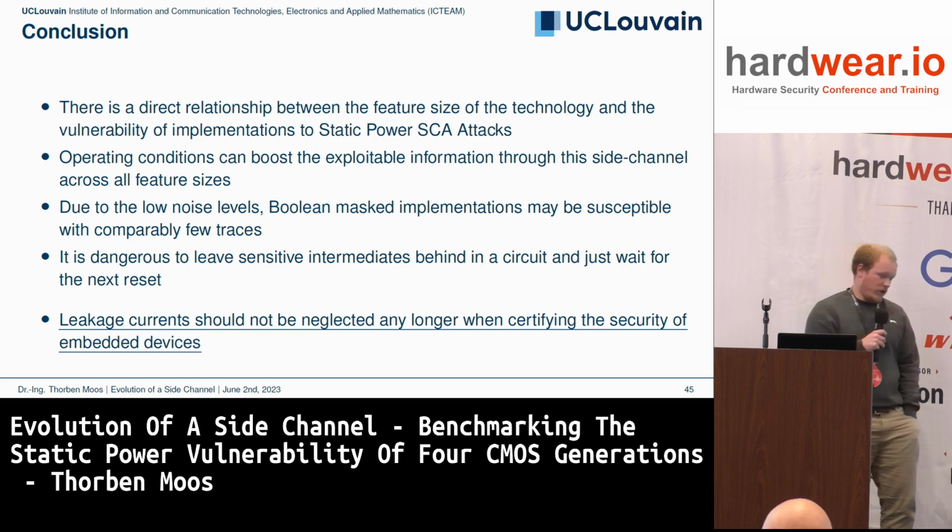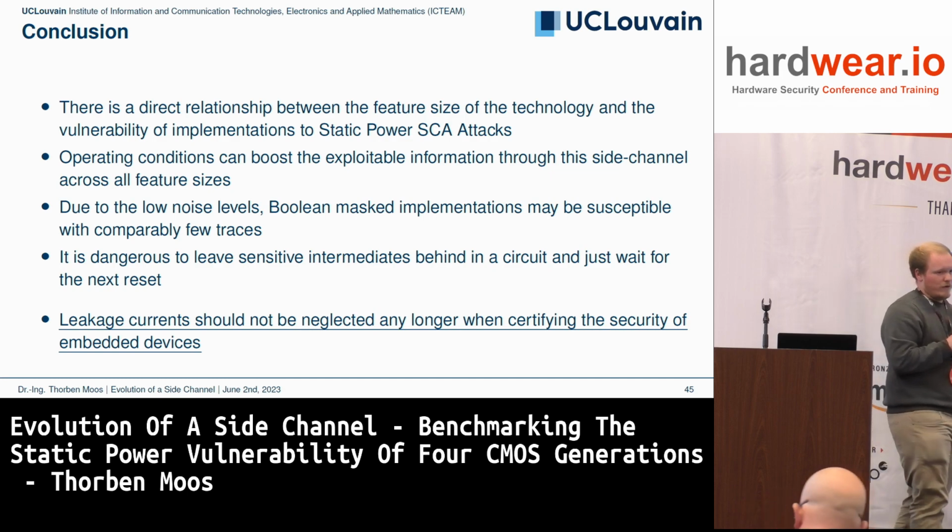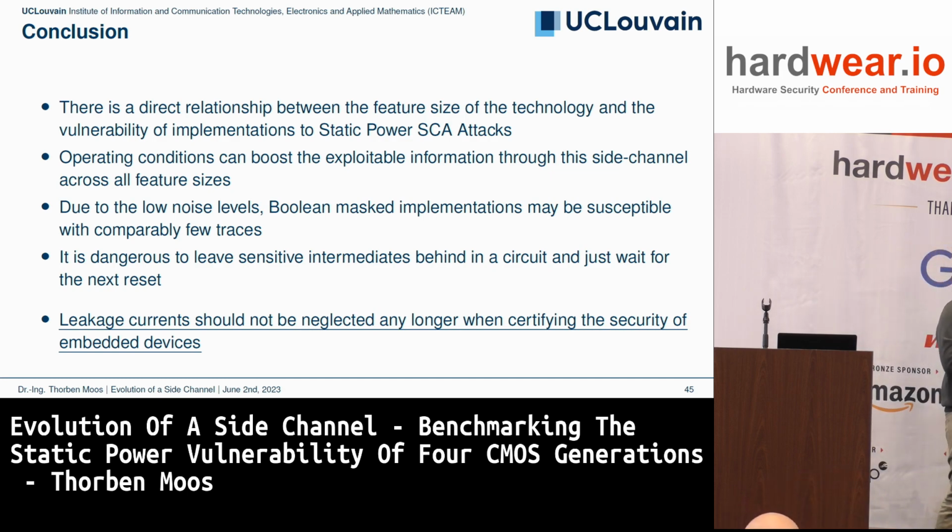What we did is look at aging. Aging also affects the cells in smaller technologies more, and aging actually helps you because it decreases the static power overall. But I mean, your device gets slower, with less performance, so it's not a good countermeasure.